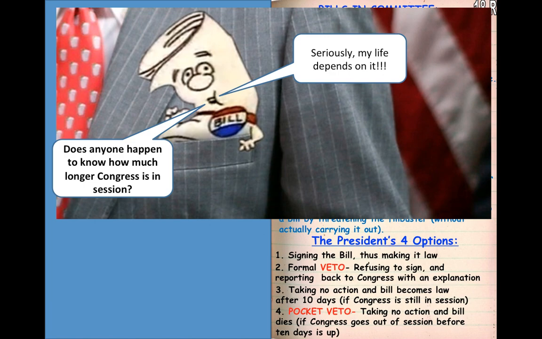He formally vetoes it, and it can't go back to Congress to be overridden because Congress isn't there. So then, if they're still not there after 10 days, it just stays vetoed, right? It doesn't get overturned or anything like that because it doesn't have a chance to. So those are our 4 options for the president. He can sign it, it becomes a law, formal veto, take no action, and pocket veto.